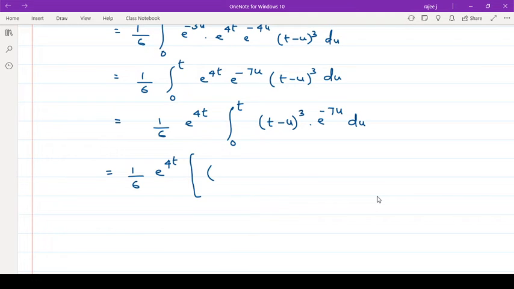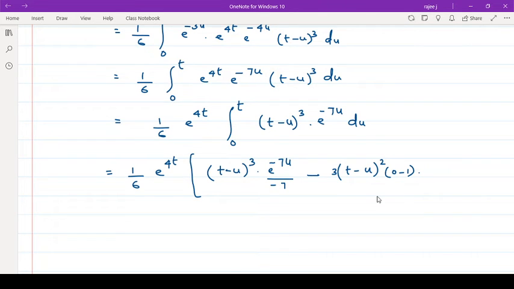First, t minus u the whole cube, into integral of second, e raised to minus 7u by minus 7. Then minus derivative of the first, 3 into t minus u the whole square into derivative of t minus u. Derivative of t minus u is 0 minus 1, since t is constant and u is 1. So first into integral of second, minus derivative of first into integral of second.